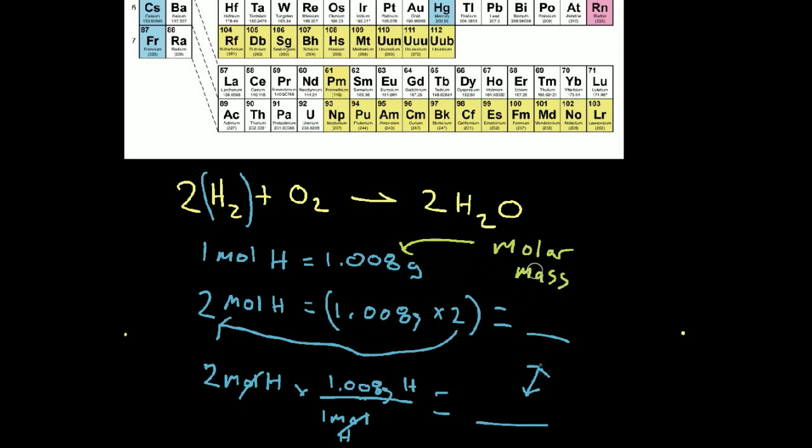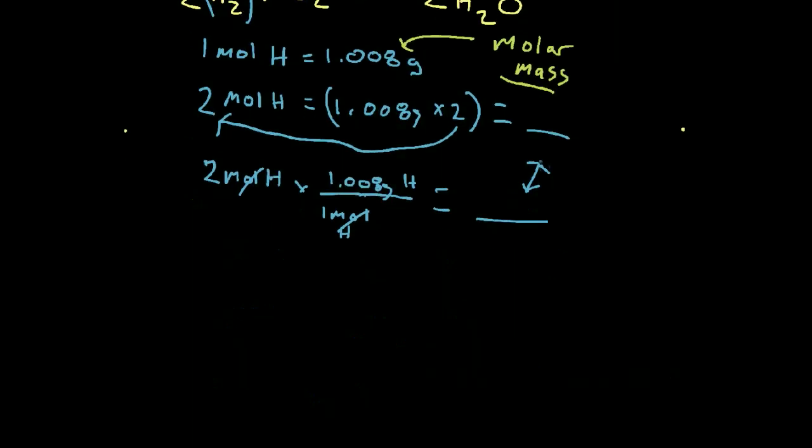You're going to be using molar mass a ton all throughout your chemistry career, mostly depending on what field of chemistry you go into, and all throughout a first year or an introductory chemistry class. It's huge. It's very important that you understand what this is and how to get it using the periodic table. So same thing here. When we did these two equations, we were using molar mass to solve for 2 moles.